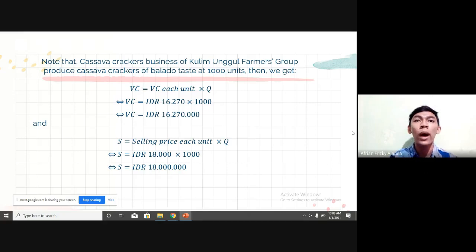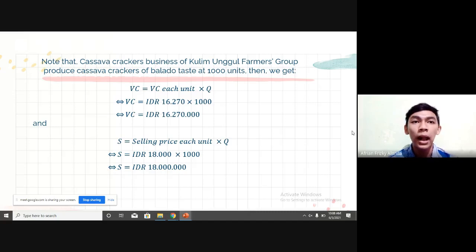And then note that the cassava crackers business of Kulim Unggul Farmers Group produces cassava crackers of balado taste at 1,000 units. Then we get the total variable cost is equal to the variable cost of each unit times Q. Q here is the cassava crackers of balado taste that are produced. And then we get the total variable cost is equal to 16 million 2,070,000 rupiah.